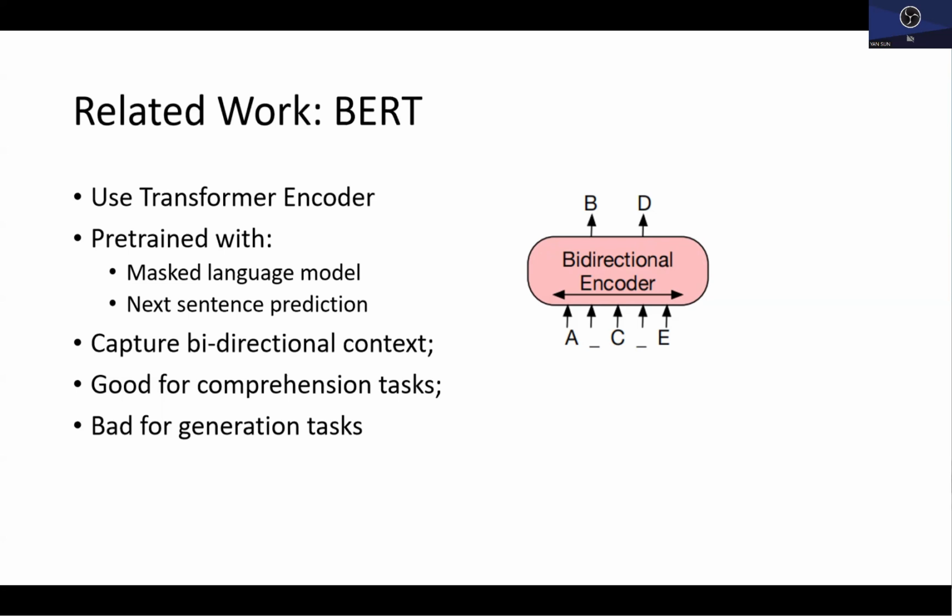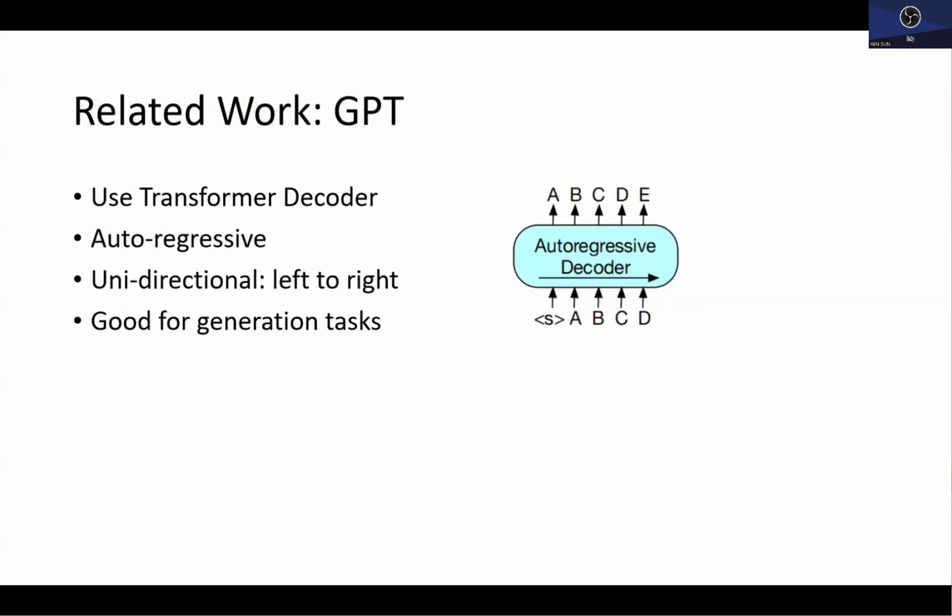And since BERT uses transformer encoders, it is bidirectional. It can interact with information on both sides, so it's good for comprehension. But BERT is not so good for generation tasks. There's another model called GPT, which only uses transformer decoder. As a result, it is auto-regressive, unidirectional, and good for generation tasks.